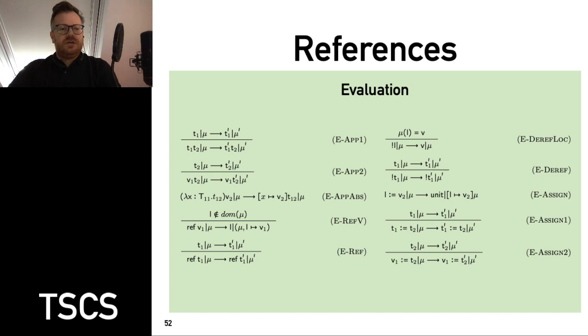Good. So if you look here and see the rules for, where do we start? E-ref-v. As you can see, you actually don't have something on the left hand side here.